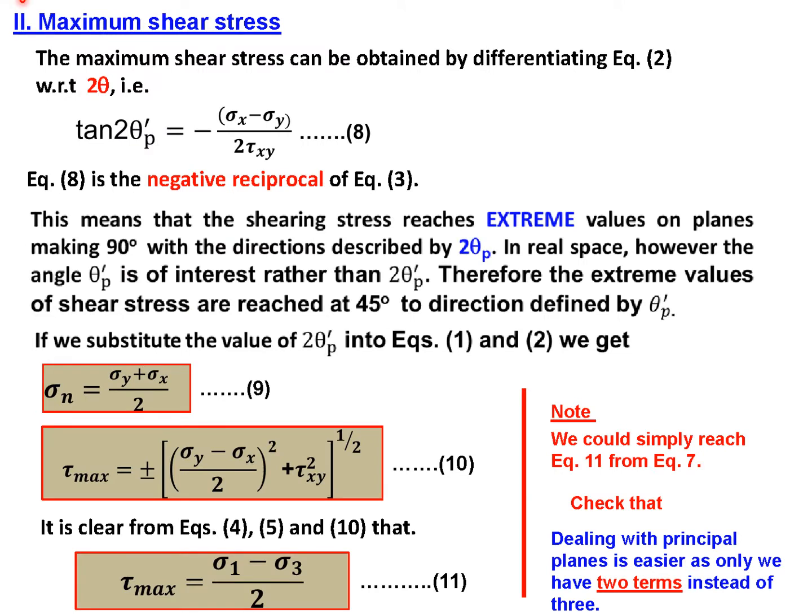Now on this slide you would find some information about the maximum shear stress, and to get the maximum shear stress we can use these equations, equation number 10 and equation number 11.